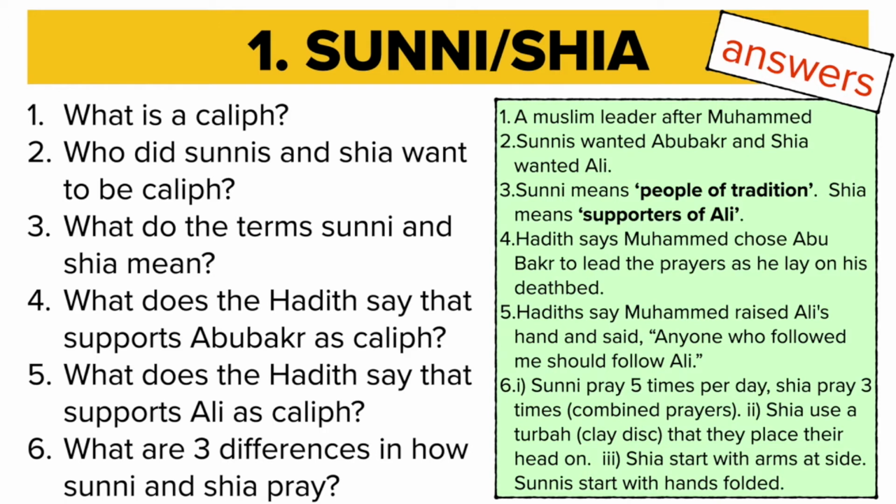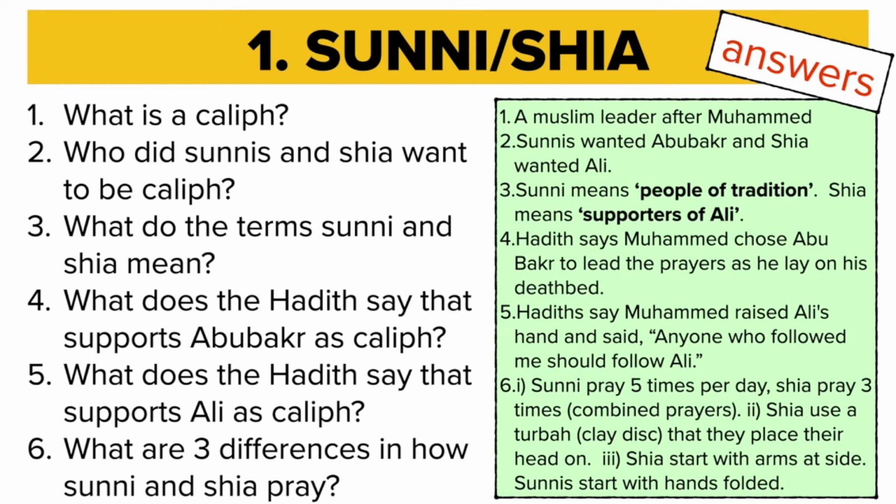Another difference is Shia will often use a turba. This is a clay or a disc which they will rest their head on when they're prostrating. Now, the reason they do this is because they would refer to the hadith which talks about Prophet Muhammad praying on the ground. Okay, not inside, not on a carpet.